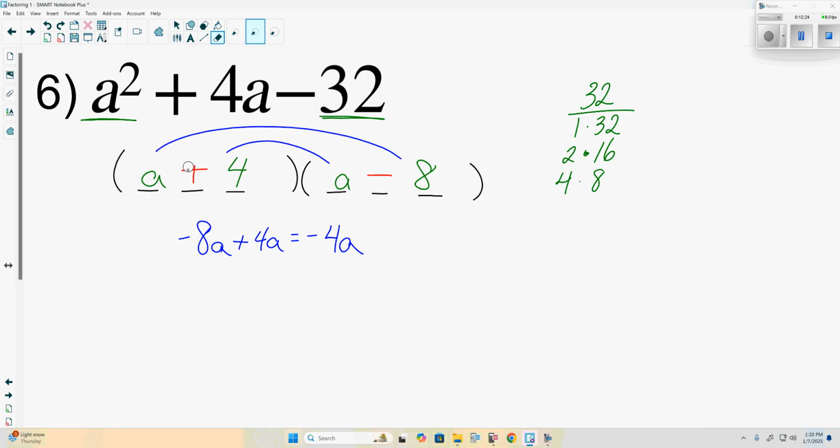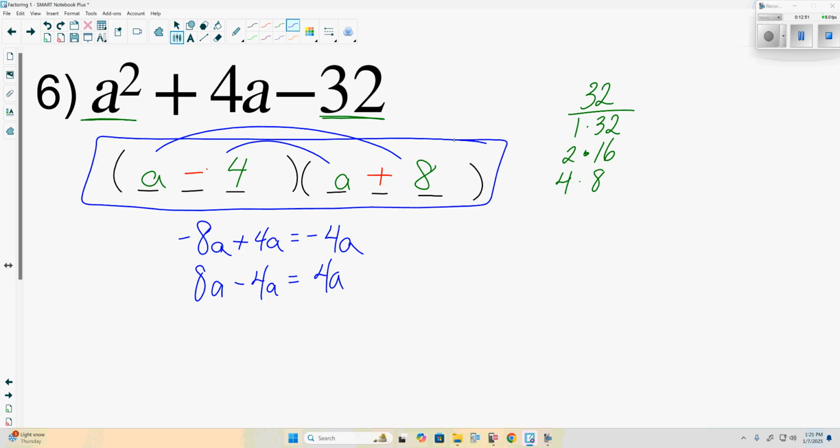If we get the correct number but the wrong sign, flip the signs. For this one, switching the 4 and 8 or switching the signs works just fine. But especially when it's not just A and A, it's easier to switch the signs.